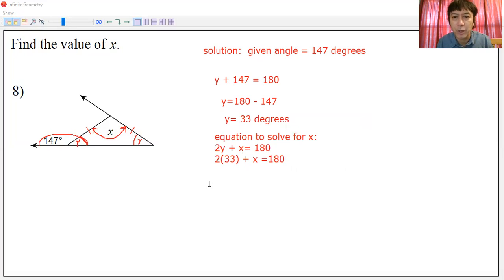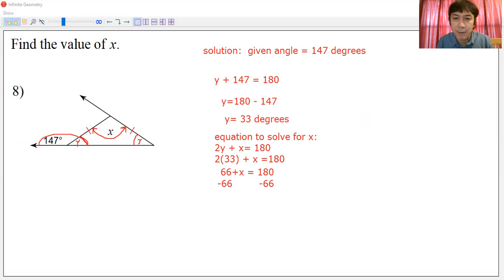Okay, here's our working equation, and this continues like 2 times 33 is 66 plus the x is equal to 180. And so we're going to subtract 66 from both sides. So this will be minus 66 and minus 66 there.